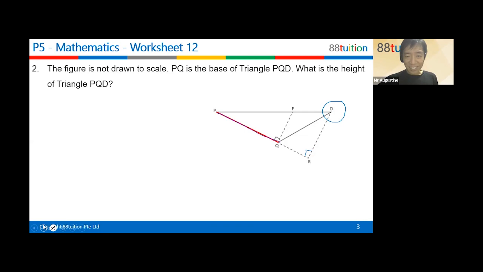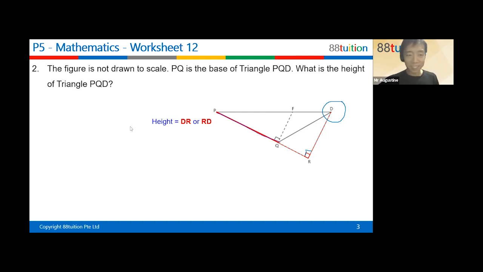So therefore, you have to draw the extra line which is outside the triangle. That's why I was saying just now, it is not part of the triangle, but not an issue. The perpendicular height must be able to pass through the tip, which is point D. Therefore, the height is DR. Yeah, DR or RD is fine, because we don't distinguish between which point comes first.